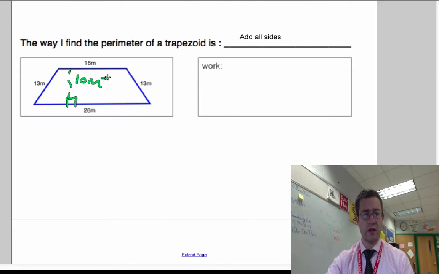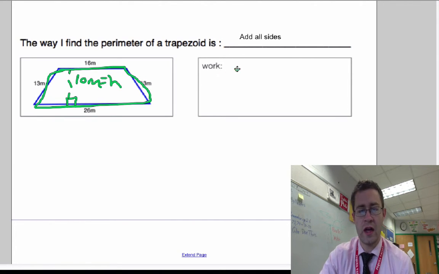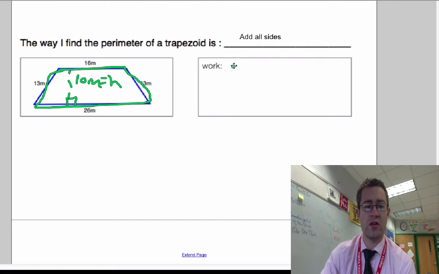That would not be something you would use for your perimeter. So you would be doing the outside edges.